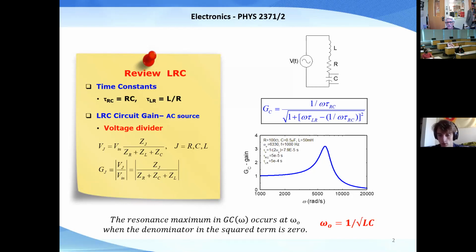And that's exactly what's happening here. So in the LRC circuit, you're adding energy in on each cycle of the sine wave, but you're also dissipating energy. So at some point, you reach a point where the amount of energy lost is equal to the amount of energy you're putting in, and that's where this peak is. Okay. Very interesting, resonance circuit.